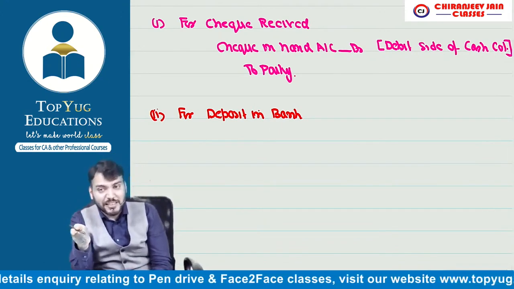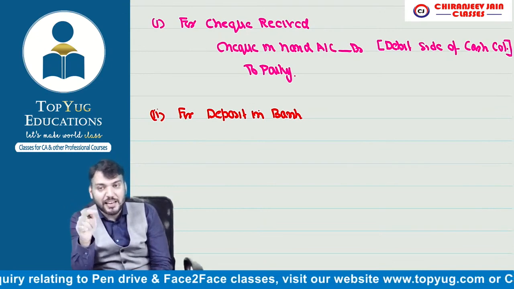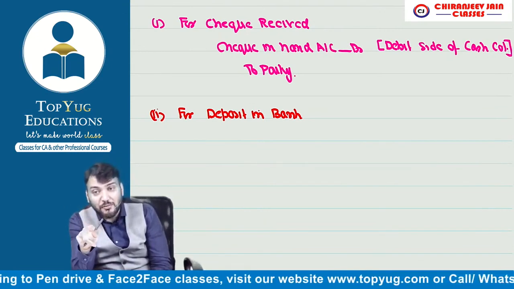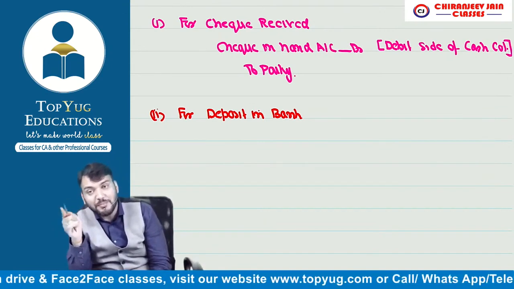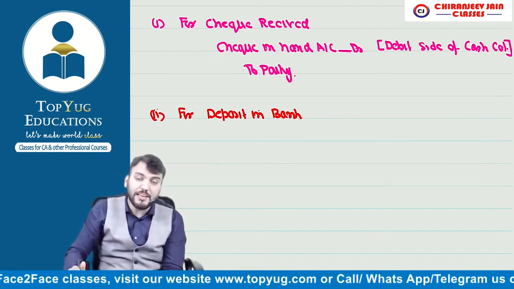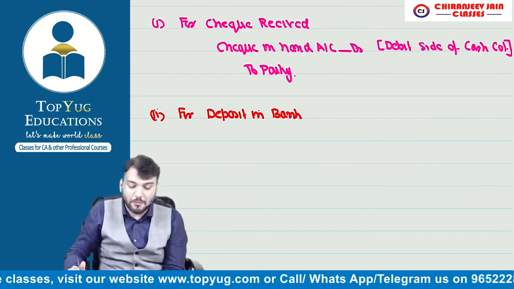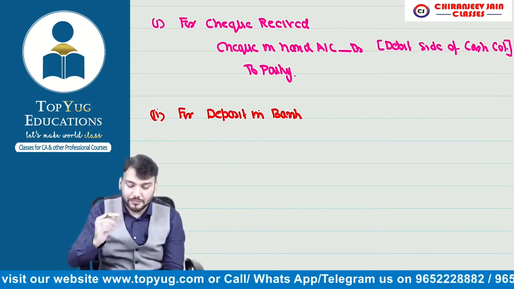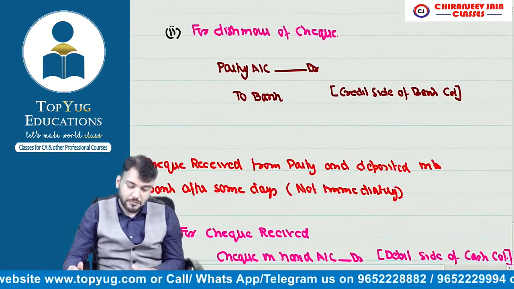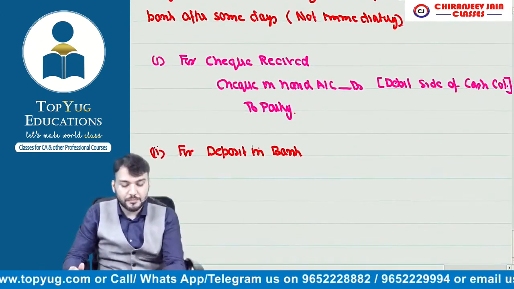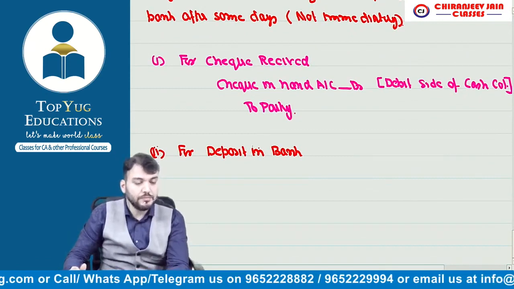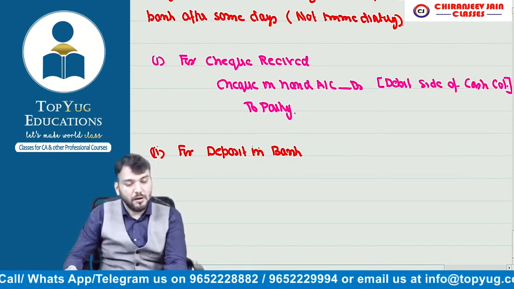The check was received, then we did the journal entry check account debit to party. Now this check was deposited into bank, so bank balance is increased. So tell me, what journal entry will pass? Which journal entry will we pass now? Everyone speak.